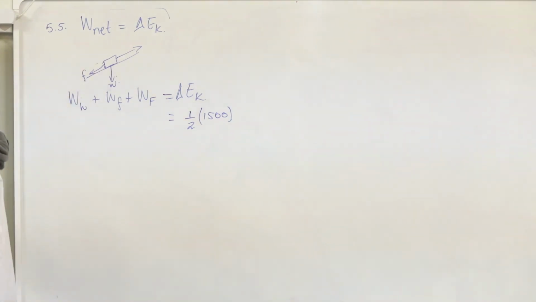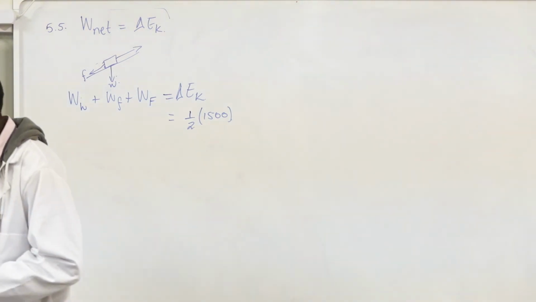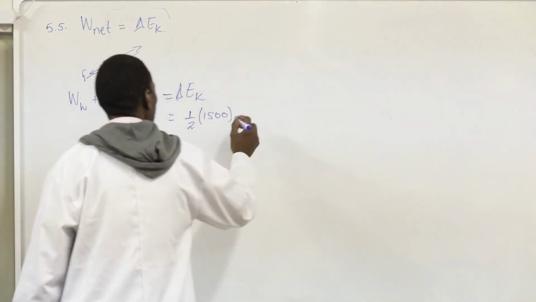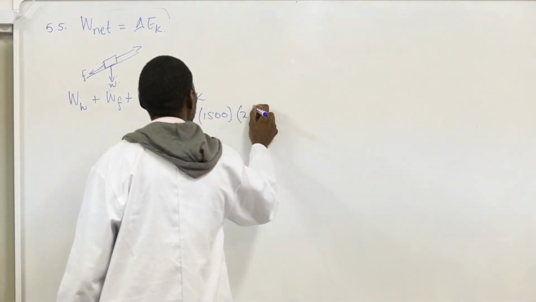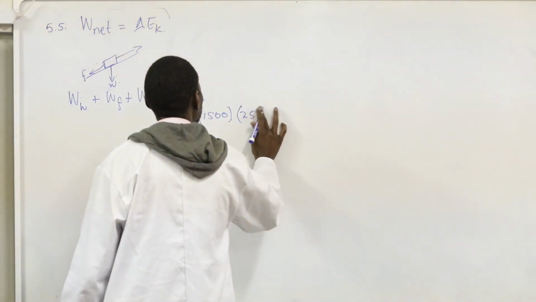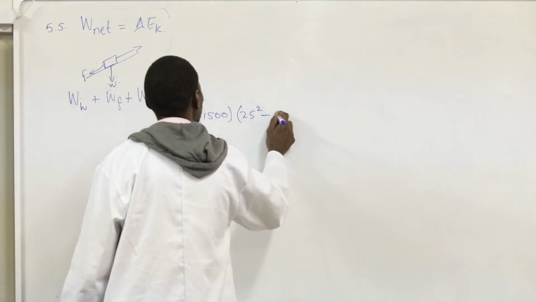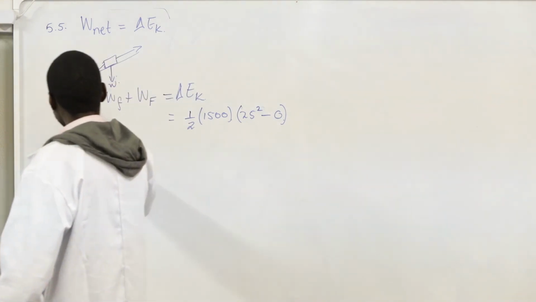We are given the final velocity 25, which is 25 squared minus 0.